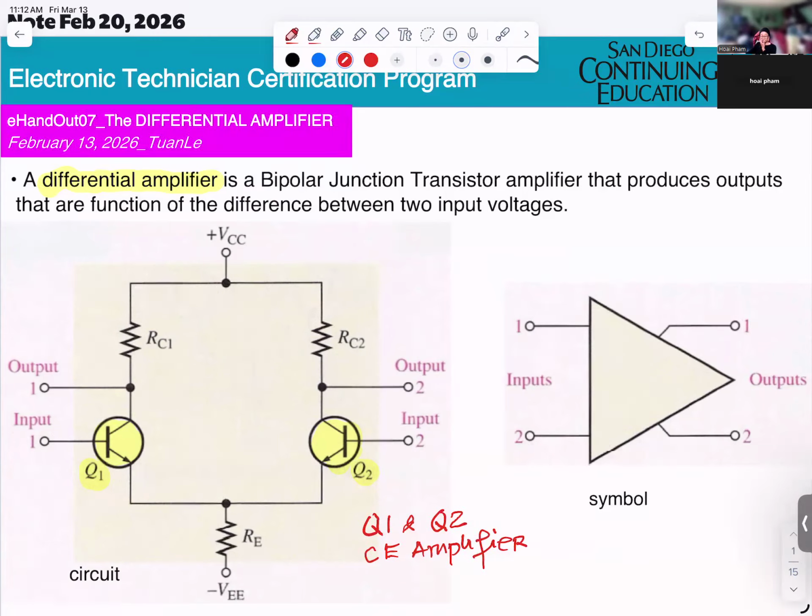Okay, if it is a CE amplifier, then input and output will be 180 degrees out of phase.